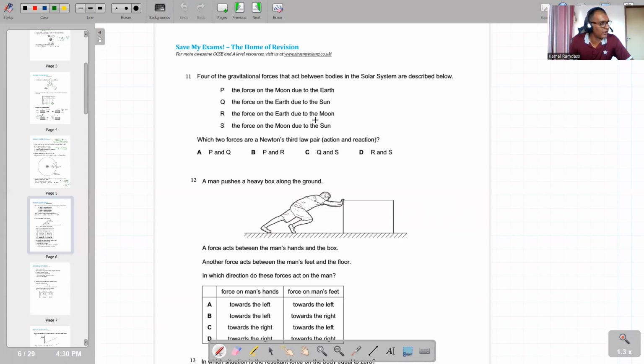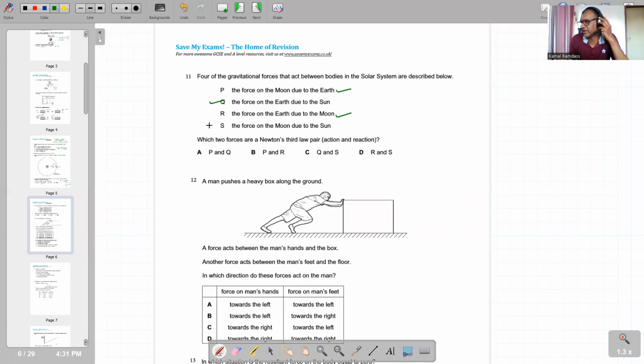We must understand that gravitational force is a force of attraction between two bodies which possess mass. Which two forces are a Newton's third law pair, action and reaction? The force on the moon due to Earth and the force on the Earth due to moon are an action reaction pair.